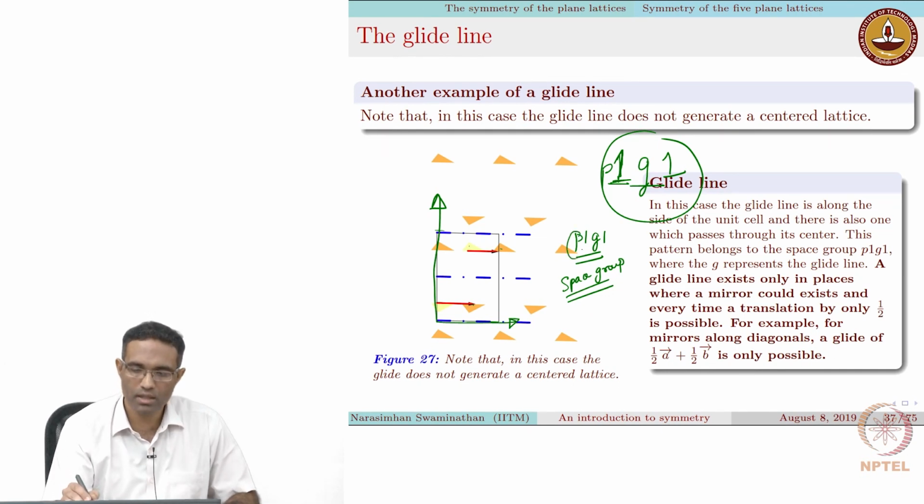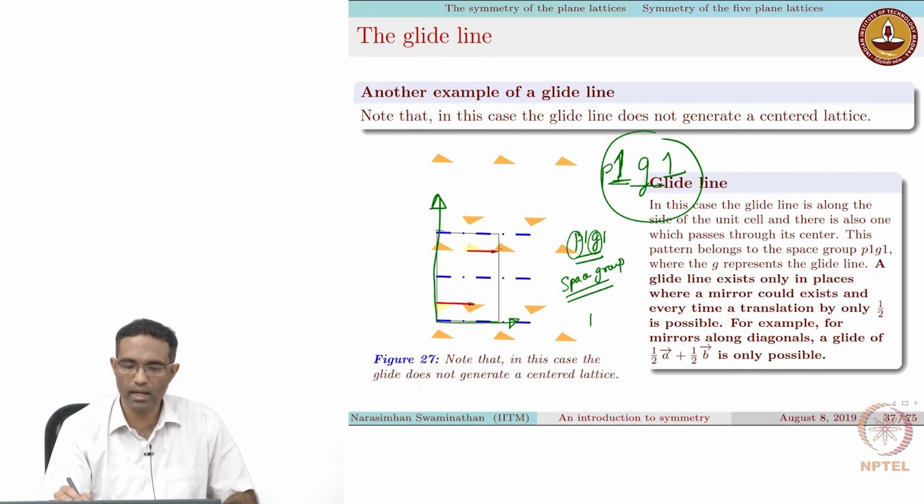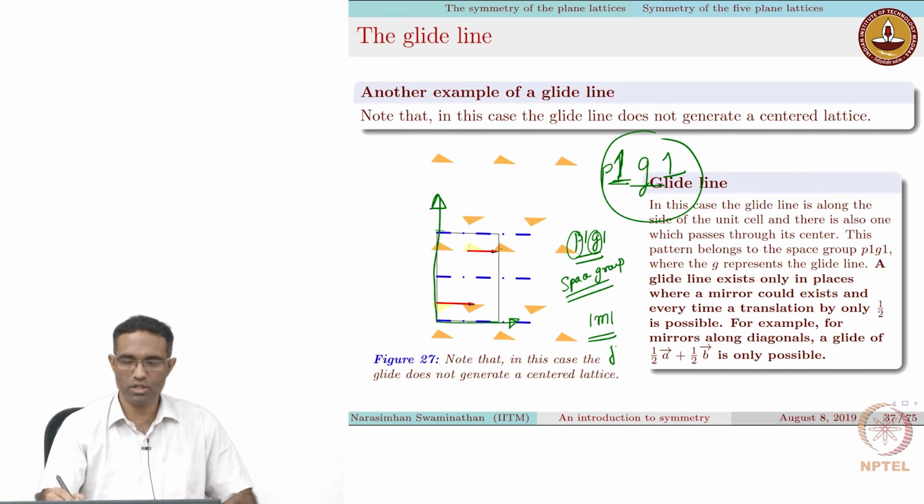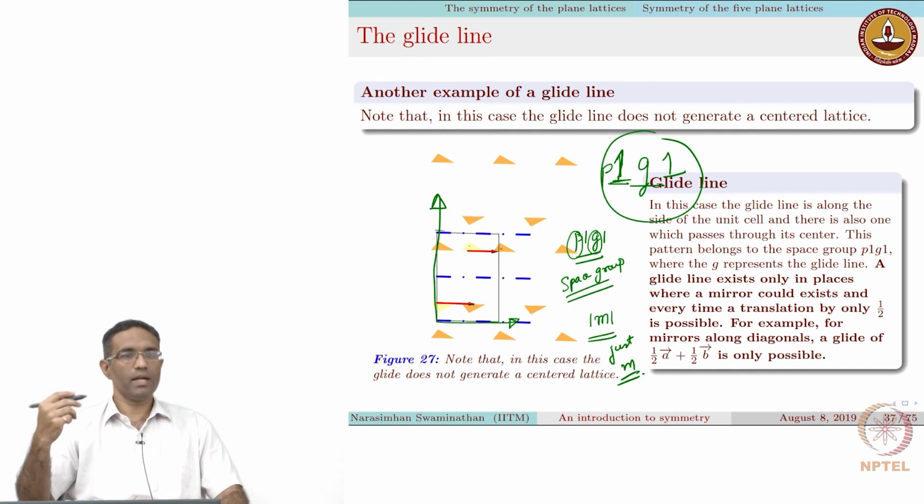So this one has a P and this one also has a G. So I would just remove that and I would get 1M1. I replace G with just the M. So this is the point group associated with just M. Okay. So now you understand how we get a point group from a space group symbol.